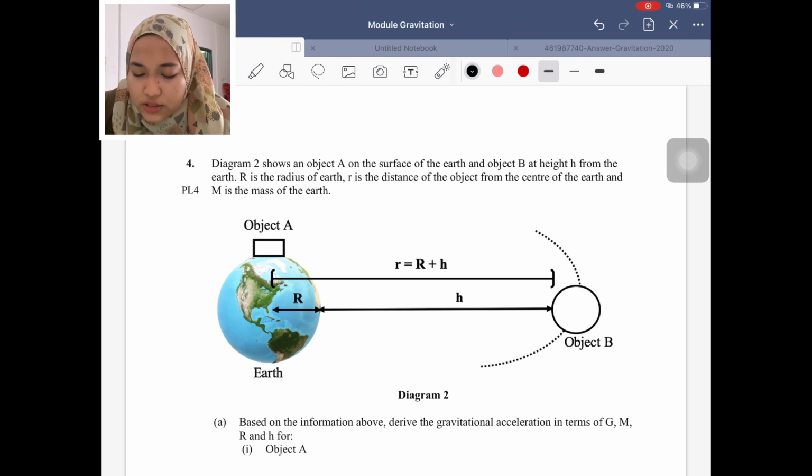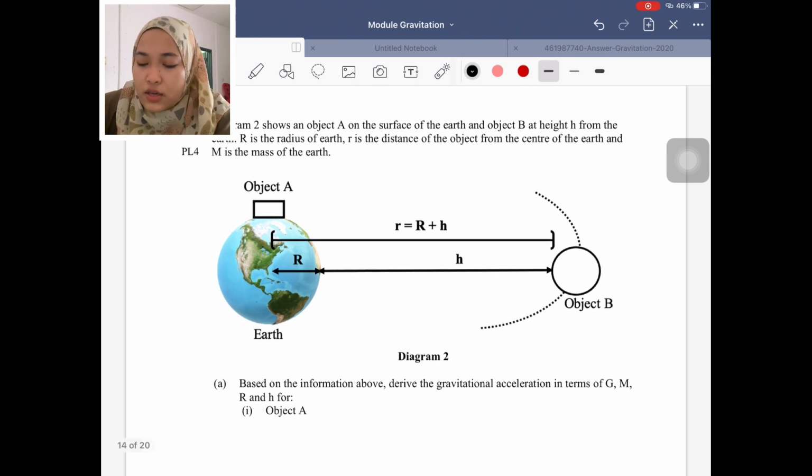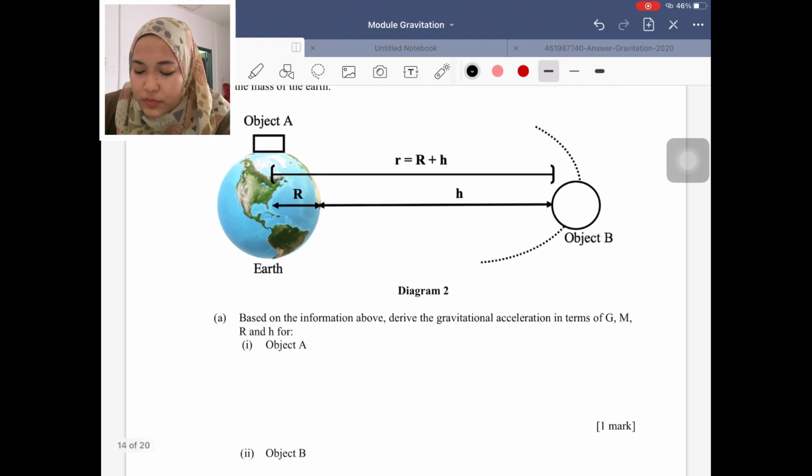So R is the radius of the earth and R is the distance of the object and from the center of the earth, and M is the mass of the earth. Okay, so based on the information above, derive the gravitational acceleration in terms of G, M, R, and H for object A.